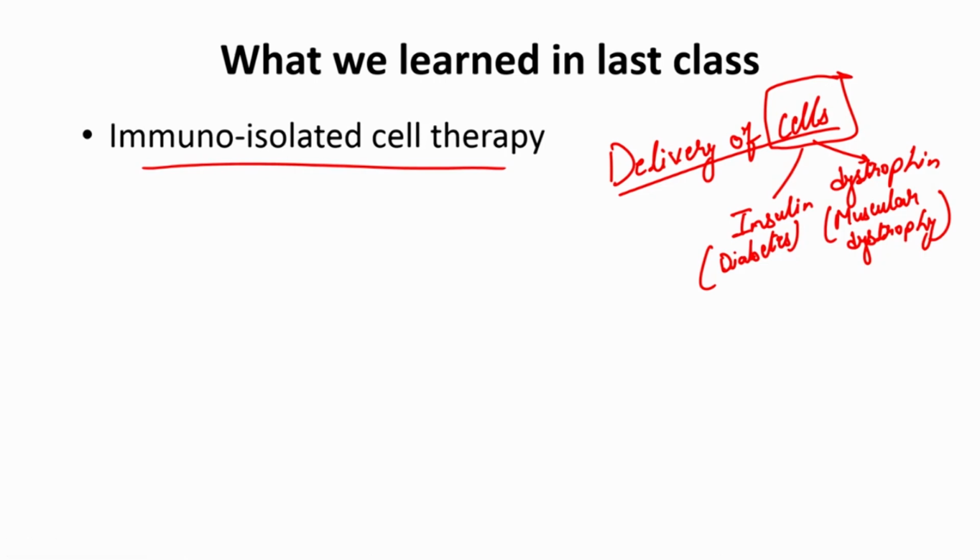In terms of delivery of cells, we had talked about certain parameters, because most of the time the cells you will get will be from some foreign source, and essentially any source of cells could be divided into three categories. One is autogenic, second is allogenic, and the third is xenogenic.